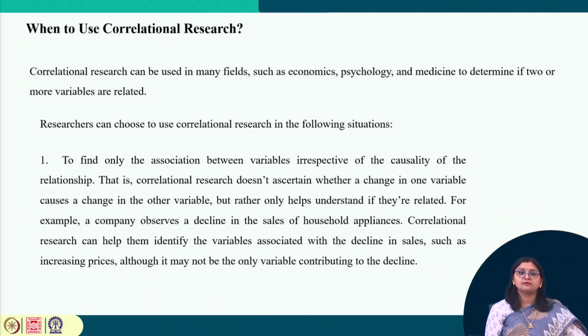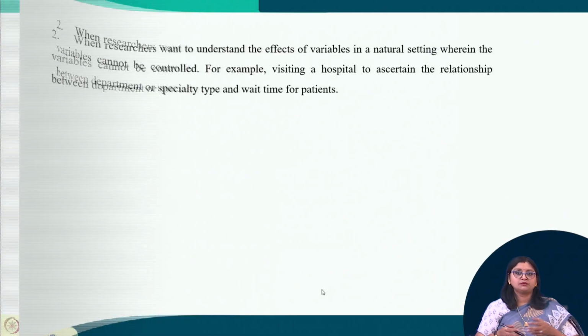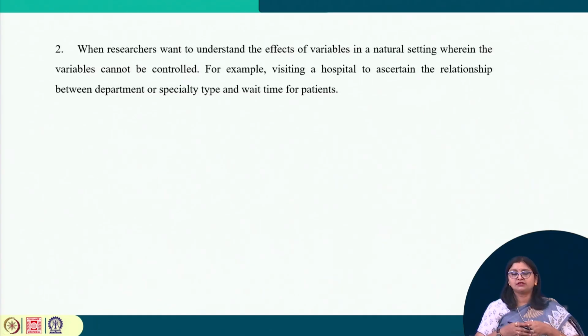For example, a company observes a decline in the sales of household appliances. Correlational research can help them identify the associations with the decline in sales, such as increasing prices, although it may not be the only variable contributing to the decline; maybe it is a quality issue, or maybe the area where they have opened their shop, etc. The second situation is when researchers want to understand the effect of variables in a natural setting wherein the variables cannot be controlled.